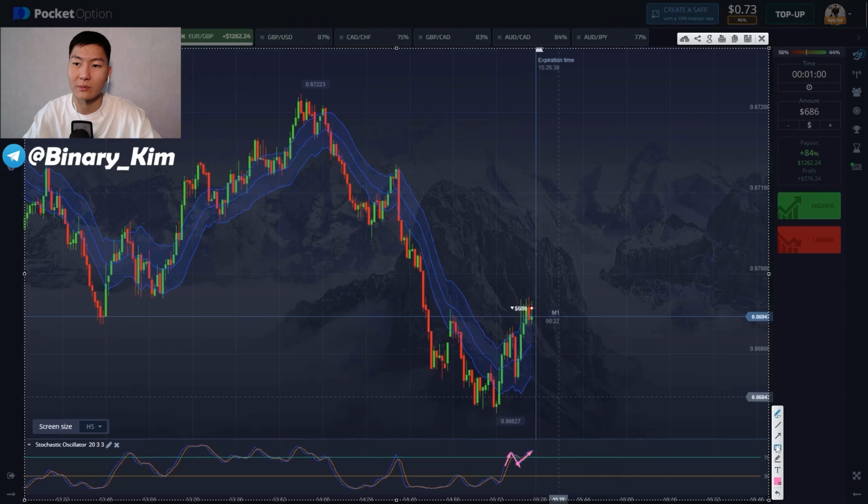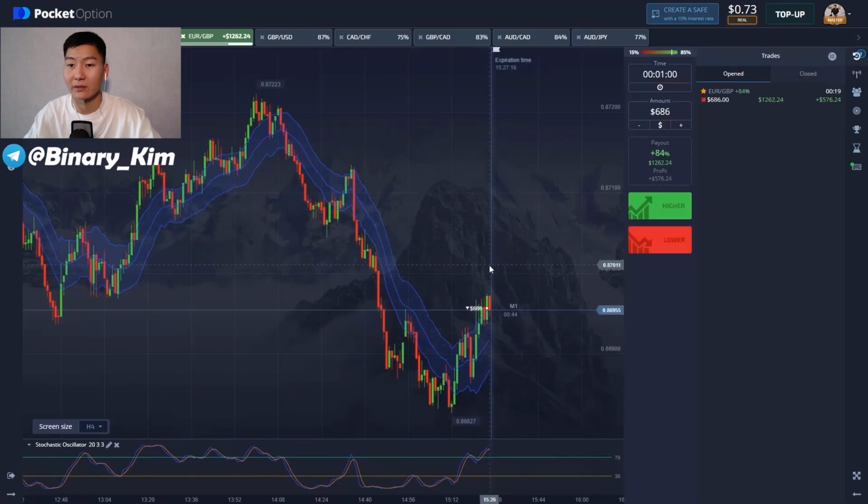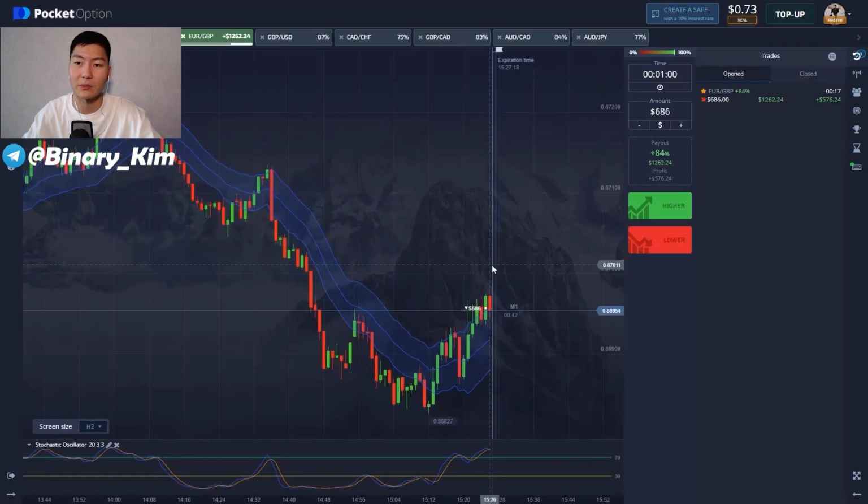It tells us that the price should go lower following the trend, and the pullback should be over. So that's why we opened the long position here. We opened ahead of the market because the stochastic hasn't crossed this line yet, but we see it coming. And look, the breakdown is happening at around 5 seconds left before the closing.